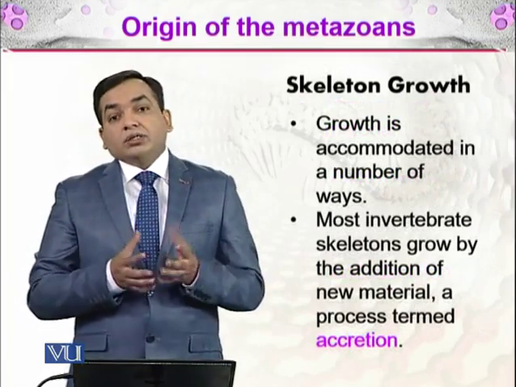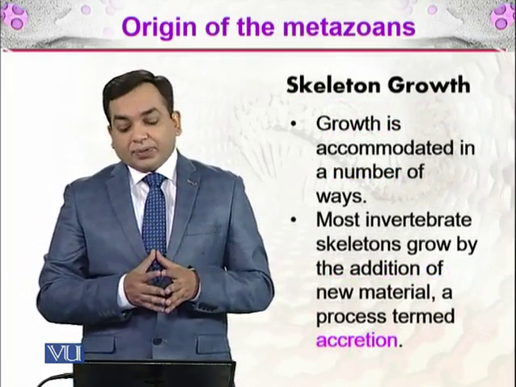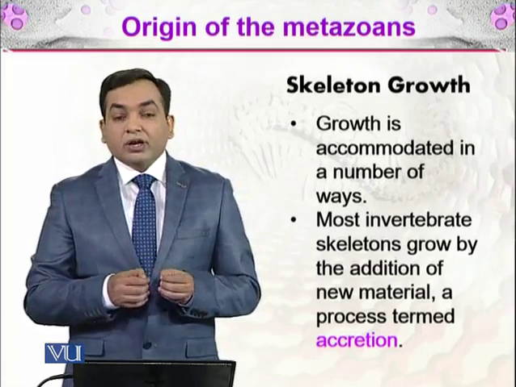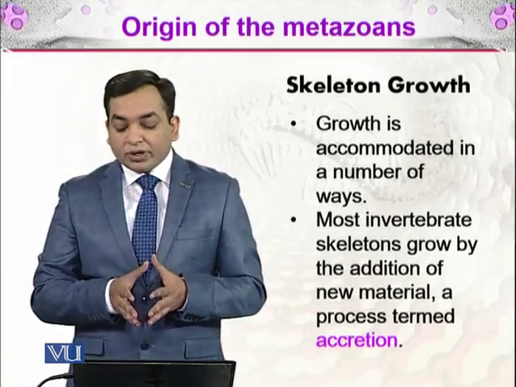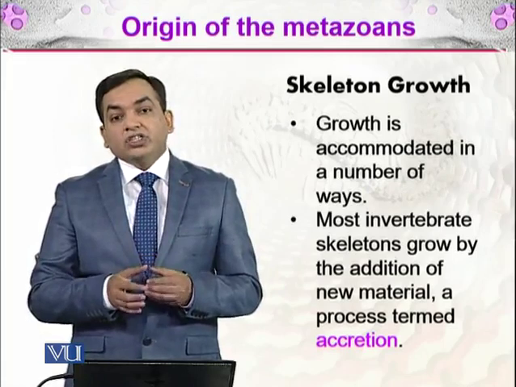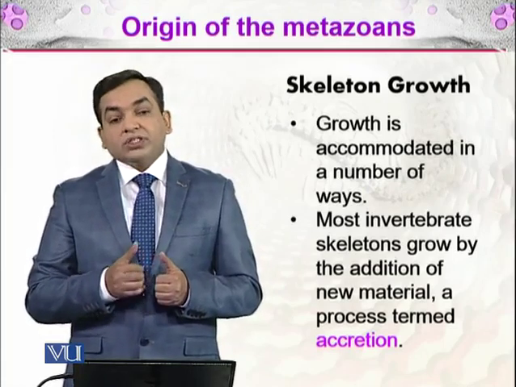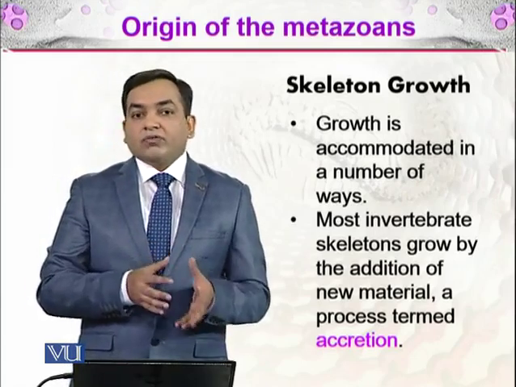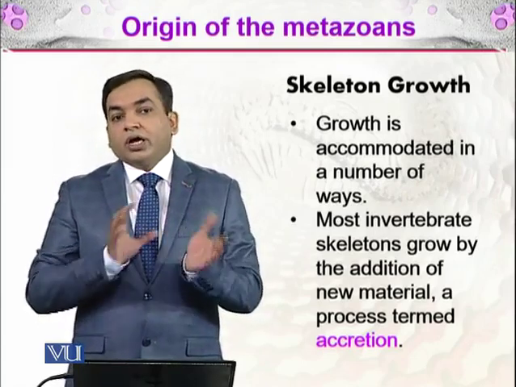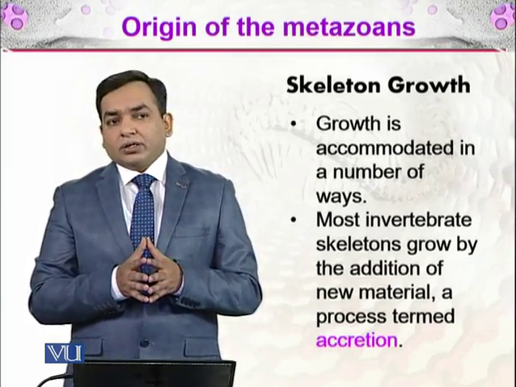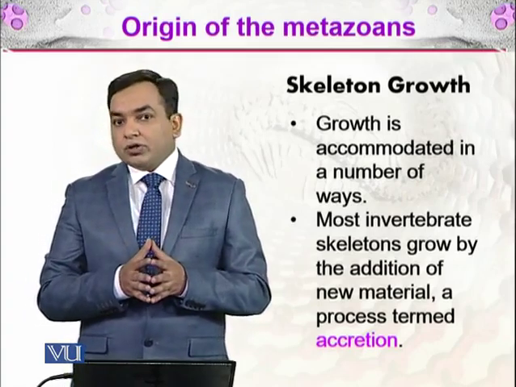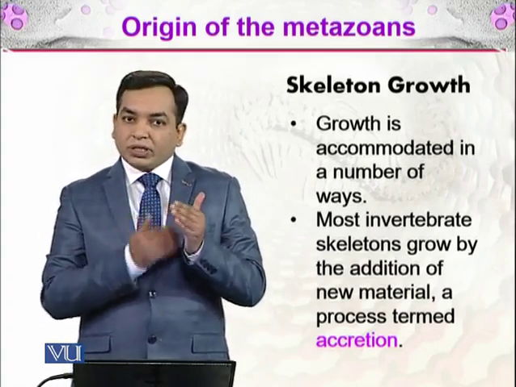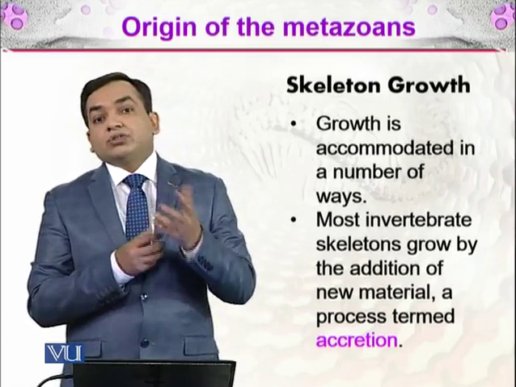Then how does skeleton growth take place? The growth is accommodated in a number of ways, right? Most invertebrate skeletons grow by addition of new material, a process termed accretion. So the organisms which do not have a vertebral column, how do they increase the size of the skeleton? For example, take the snail. You have seen the rings of the snail.